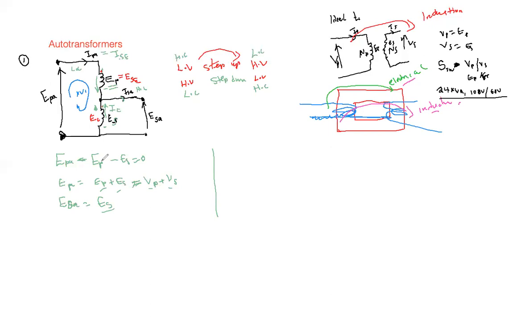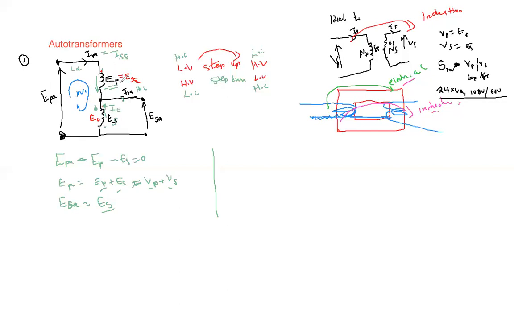Now let's look at the currents. If you want to find the current that is flowing in the primary side of this transformer that I drew here, on the primary side, I have IPA, this one. Now you ask yourself, in which winding is that primary side current flowing? If I look here, I see that it's flowing in the winding EP.